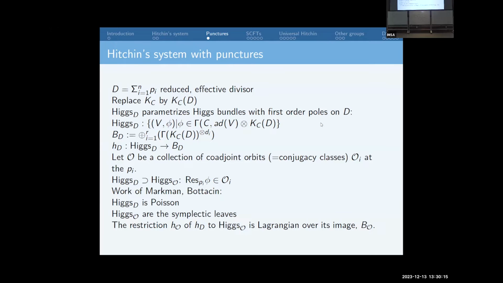One new feature is that Higgs sub D is no longer symplectic and so on. In fact, the Higgs sub O, the ones that are described above, are symplectic. The restriction of the Hitchin map on H_D to one of these subsets is Lagrangian with image the base.